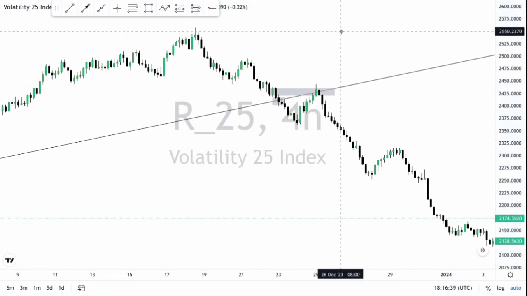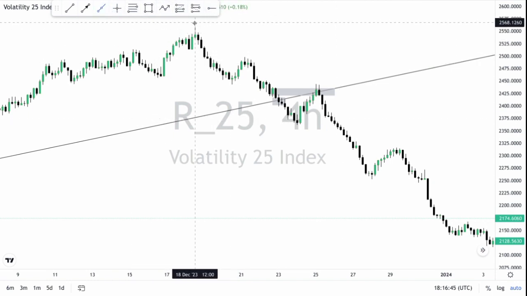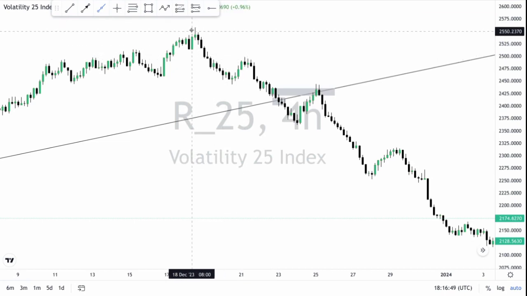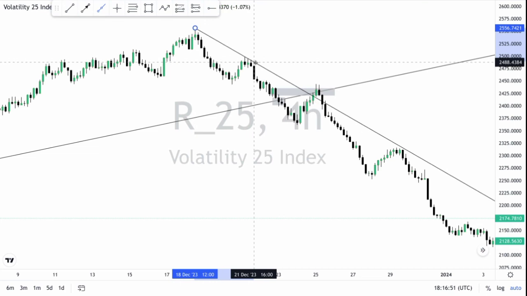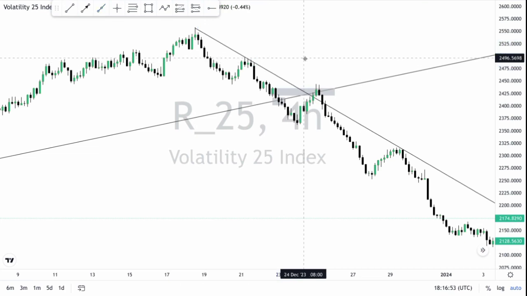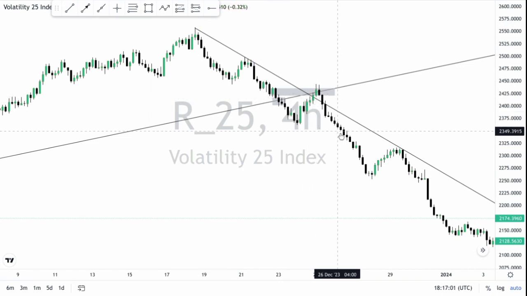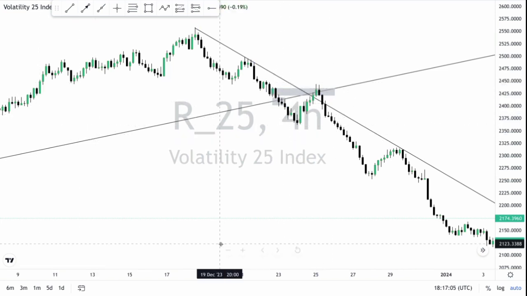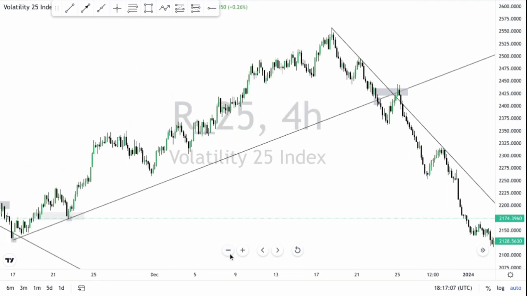So the moment the market started going down, you can realize that you can also draw another trend line from this top and this, like this, right? Now check. It came and it touched our trend line here. It went down in conjunction with this trend line that it broke, like this.